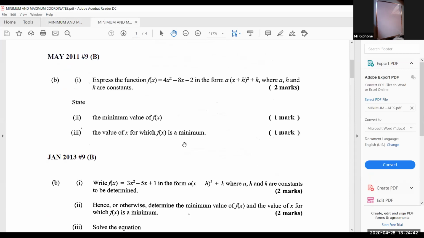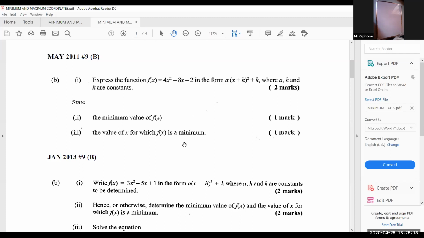You all see May 2011 here? Yes. Right. So May 2011, number 9, is telling us that the function f of x, which just means y, is equal to 4x squared minus 8x minus 2, and we are asked to express it in the form a into x plus h squared plus k, where a, h, and k are constants.